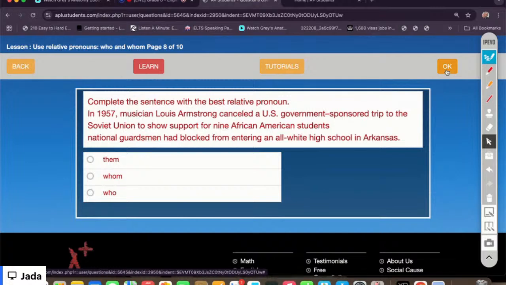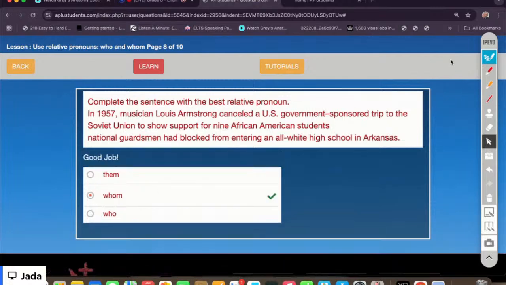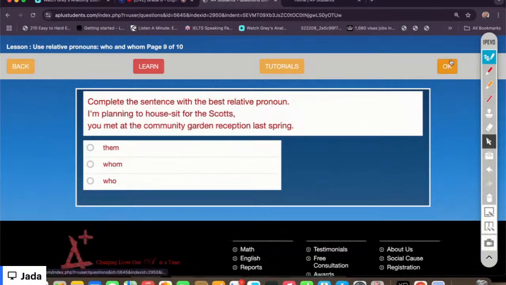So, whom, who, them? What do you think is the right one? So, what do you think? So, whom. So, you can say that the national government had blocked them.